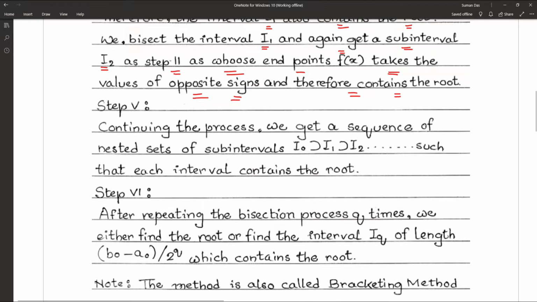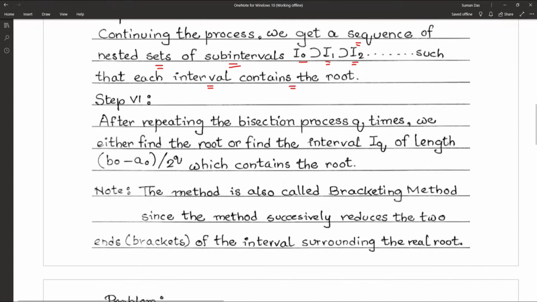Step 5: continuing the process, we get a sequence of nested subintervals, I0 a superset of I1, a superset of I2, and so on, such that each interval contains the root.